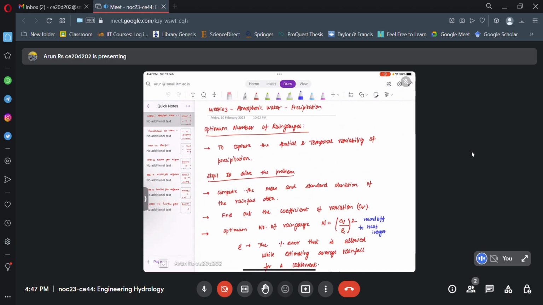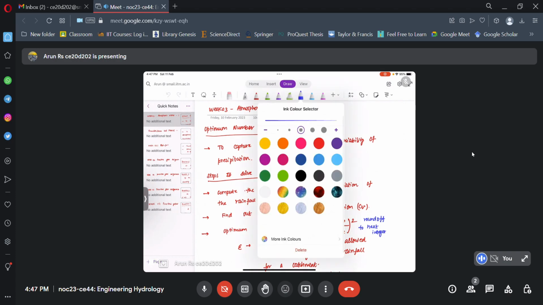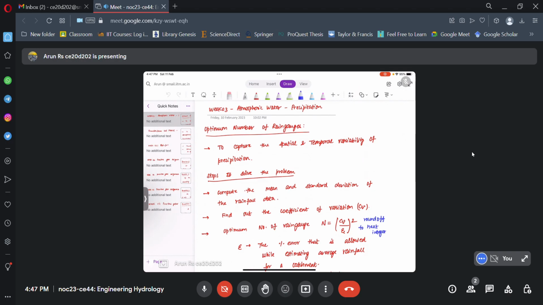So why do we need the optimum number of rain gauges? Rainfall has a very high spatial and temporal variation.